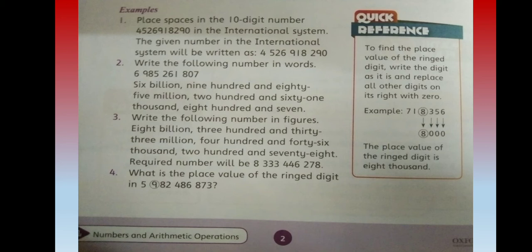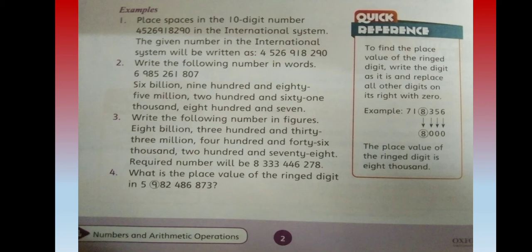So this is the way we will read this number. All the digits under thousands will be read with thousands, then millions will be read with millions, and the units will remain units.